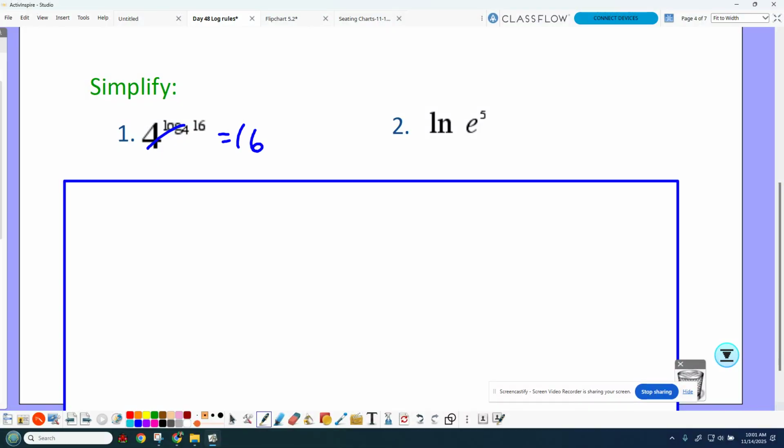Okay, just real quick then. Arden, do you know what this one's going to be? Natural log. This is e to what power is e to the 5th? So what is x? It's going to be 5.